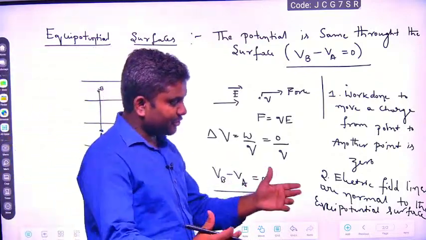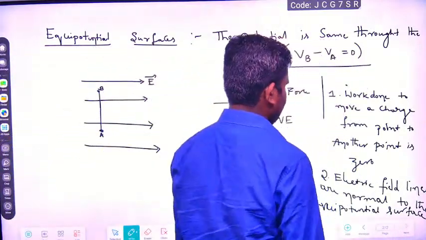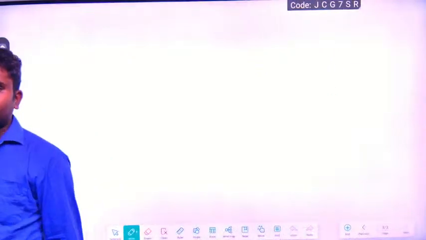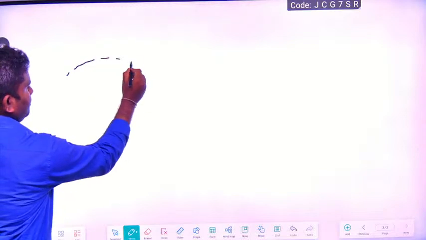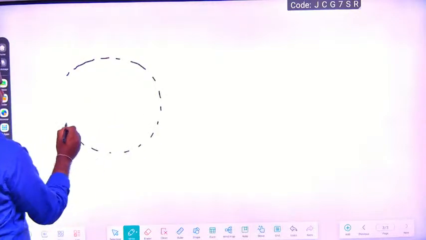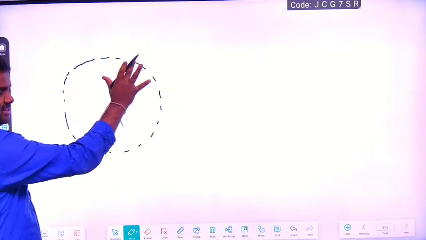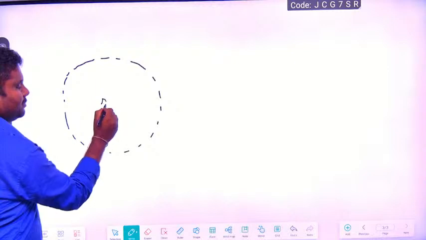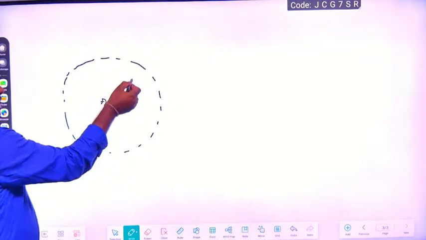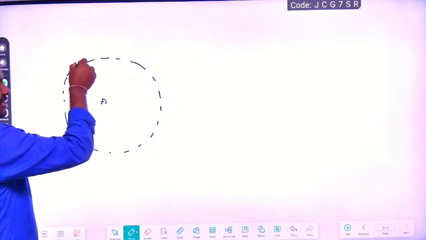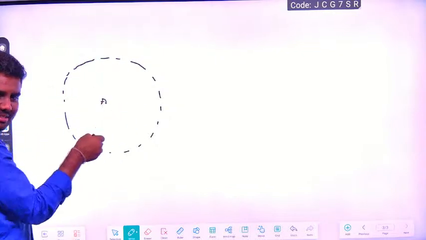Now I will take different equipotential surfaces. Take one equipotential surface, one surface I will take, surface A. Each and every point on the surface, this is one locus, like dots.